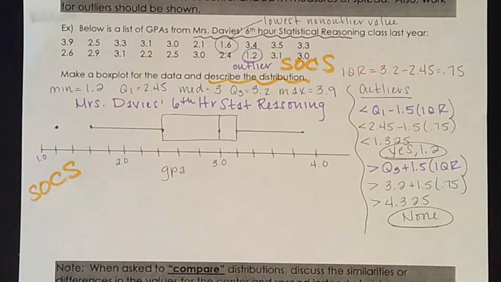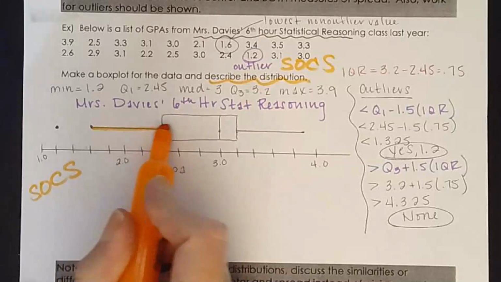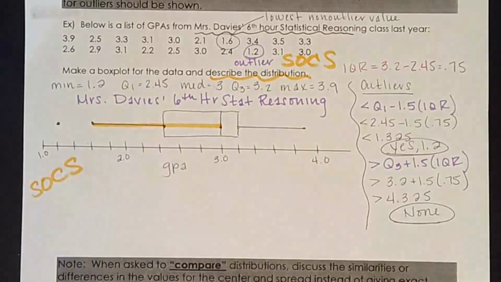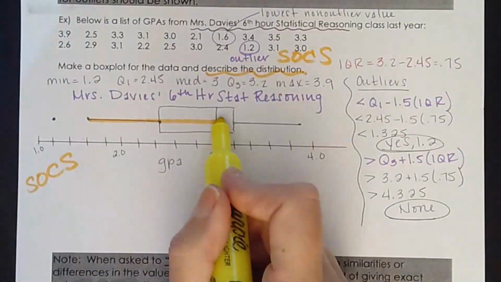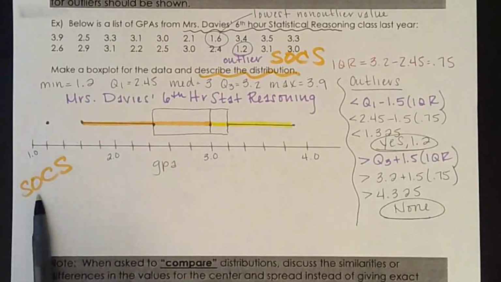Take a look. You don't have to draw the line, but that's like the left side, because we look at our shape without our outlier. And this is the right. What do you think? I'm thinking skewed left. Okay, so I'm going to put shape and outlier in one sentence.